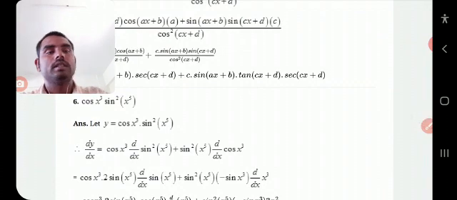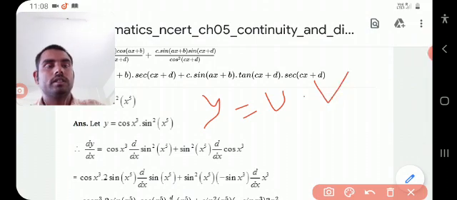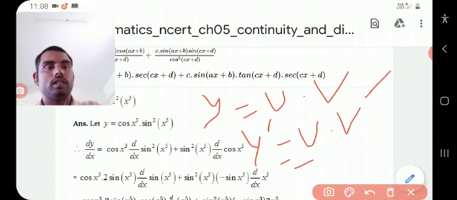next another part is y equal to u into v. So the derivative of this part equals u into the derivative of v plus v into the derivative of u.